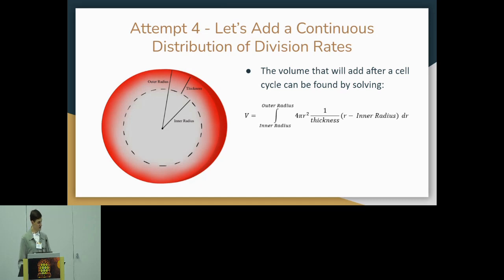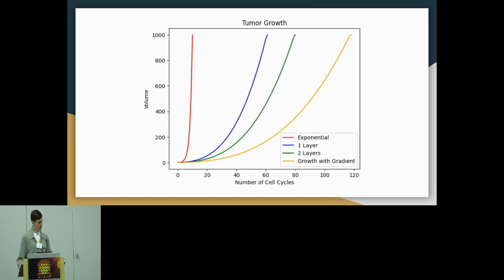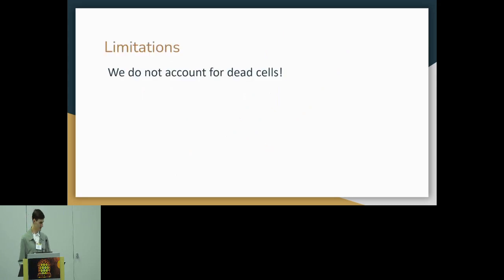And by solving this integral, I was able to find the contribution of new cells from each single layer making up this bigger layer. And this decreased the rate of growth even more. But this model didn't account for any dead cells.